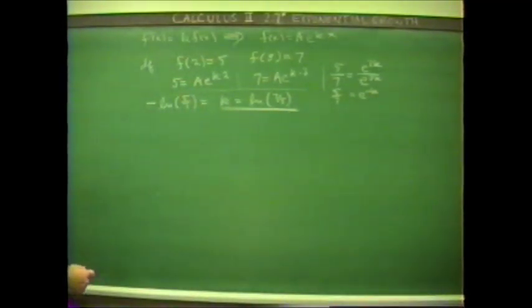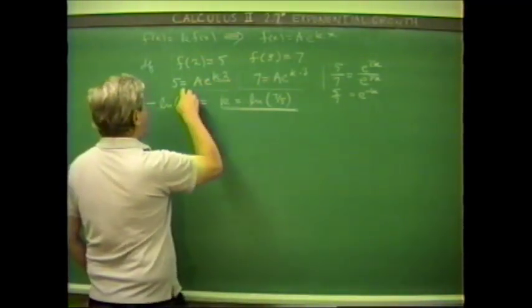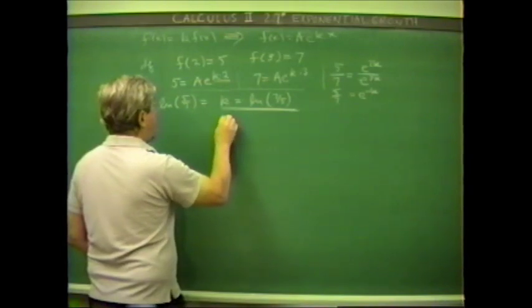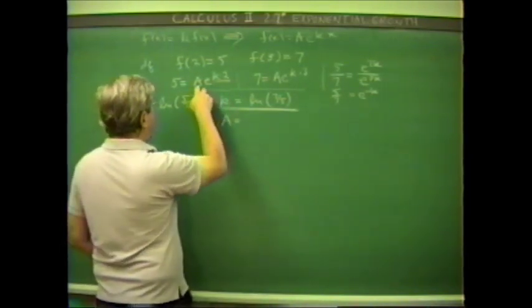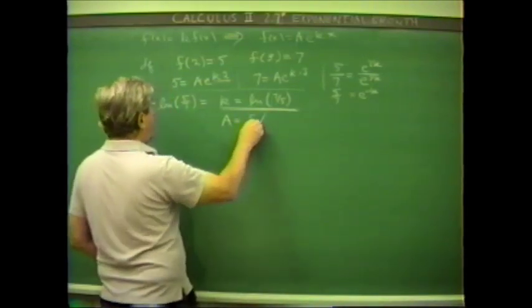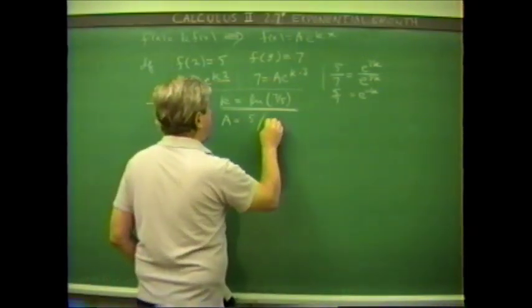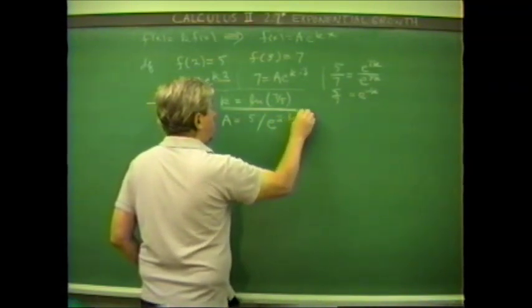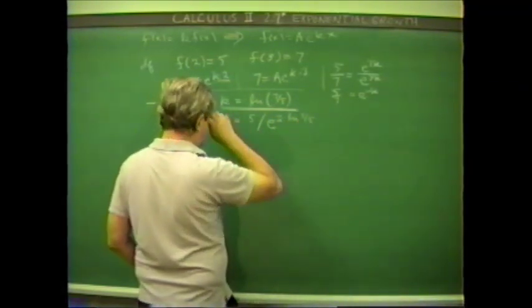And now once we know k, we can put k back in here and find out what a must be. That's to say a is equal to 5 divided by e to the 2k, e to the 2 times log 7/5.